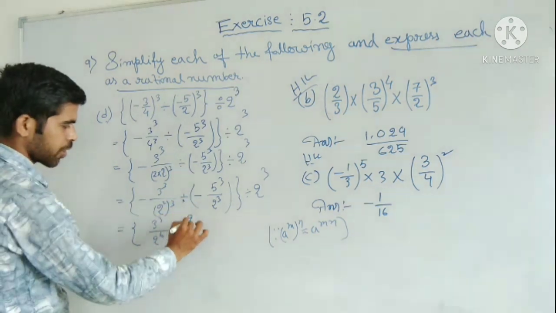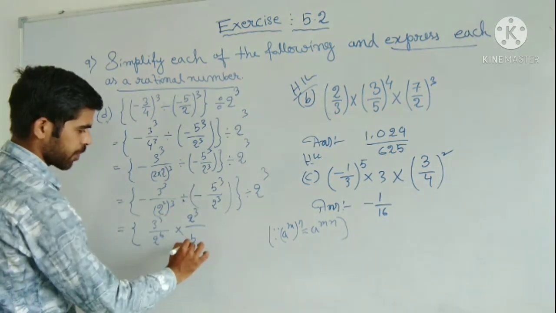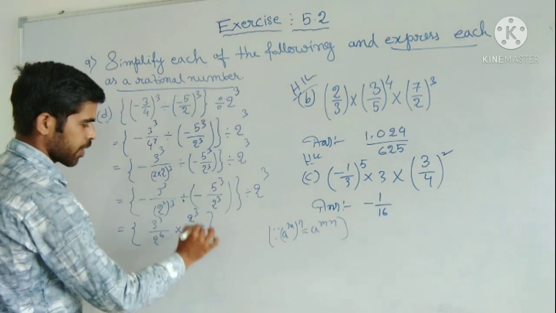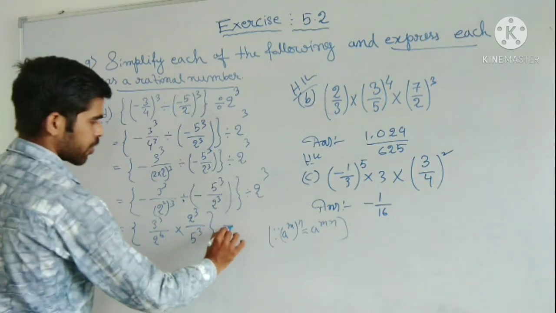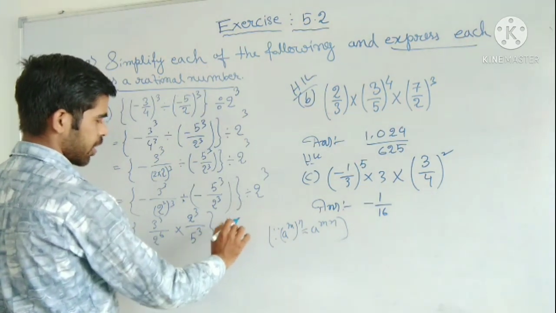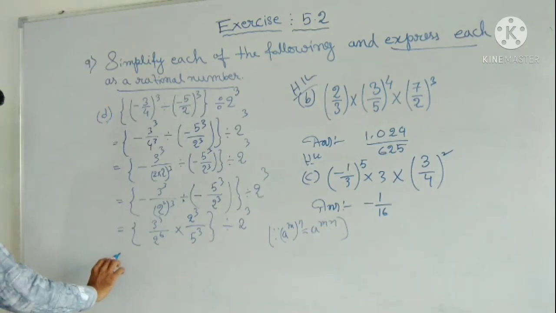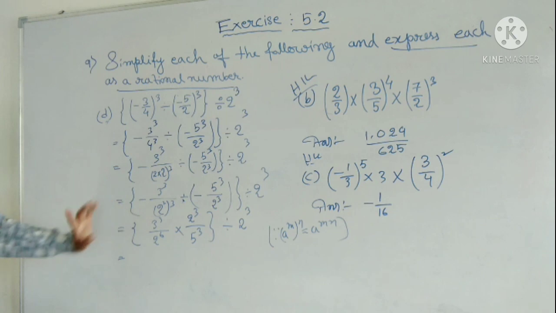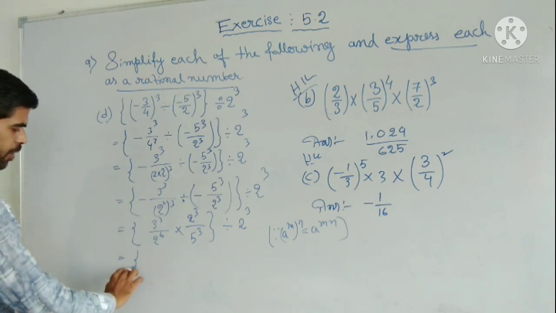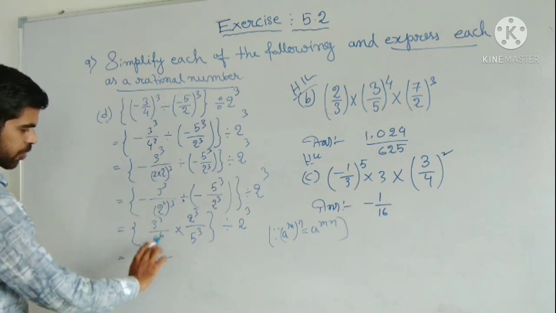Okay, now 2 cube you write there and 5 cube you write there. Okay, and there 2 cube, that means same you write. Now after this 3 cube, so there 2 cube.